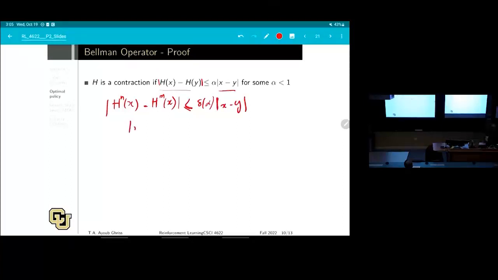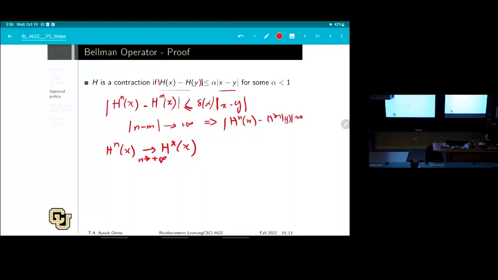And as n plus m goes to infinity, the difference between the images goes to 0. Any questions? No? Okay. So what I'm saying here is that H n of x will converge to H star of x as n goes to infinity.